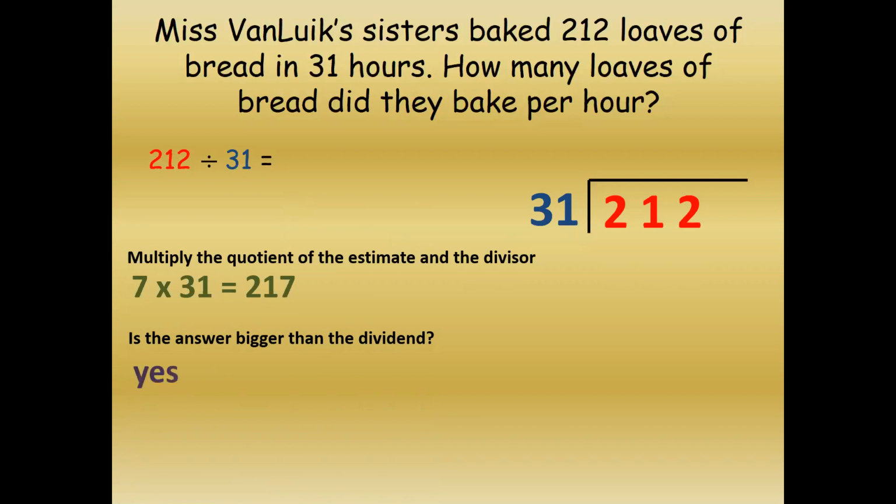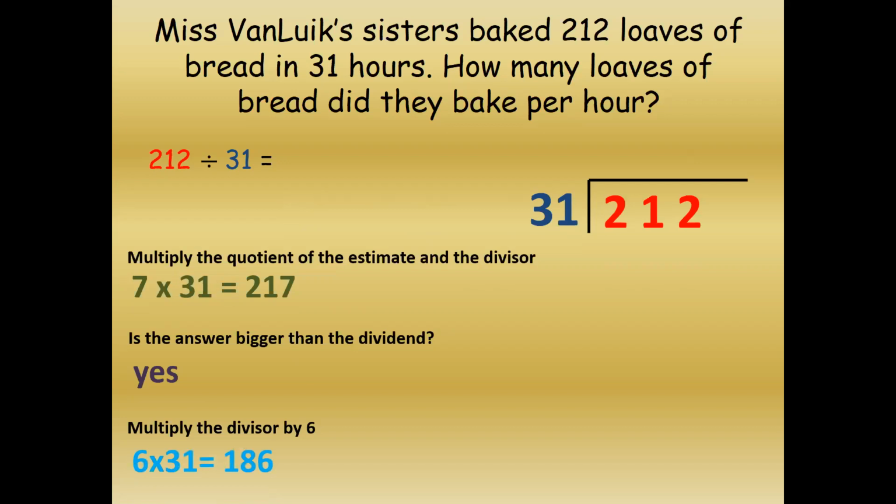Yes. So if the answer was no, you would use the 7 as your quotient for 212 divided by 31. But because it is bigger, we have to do another step. So now we'd multiply the divisor by 6 because we want to get smaller than our dividend, not larger like we had before.